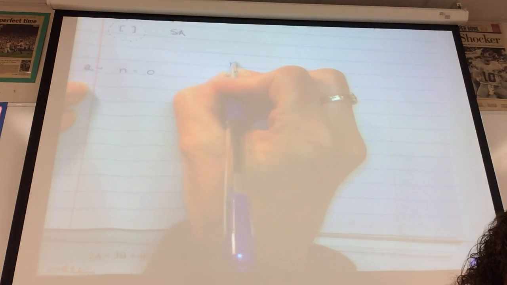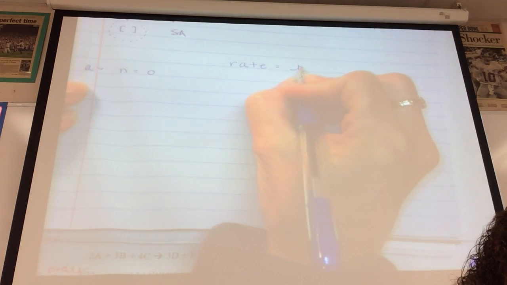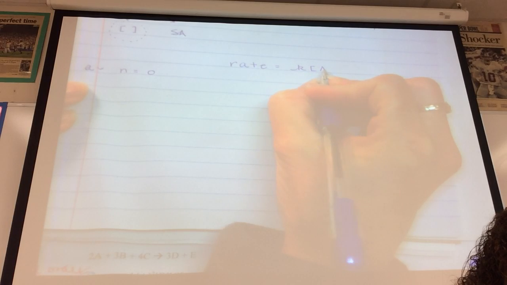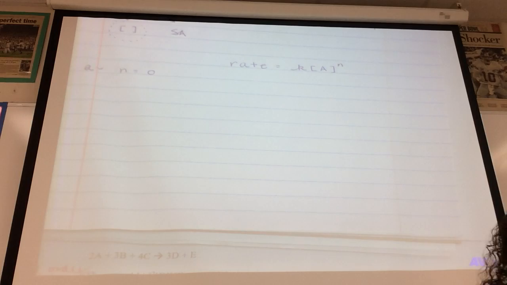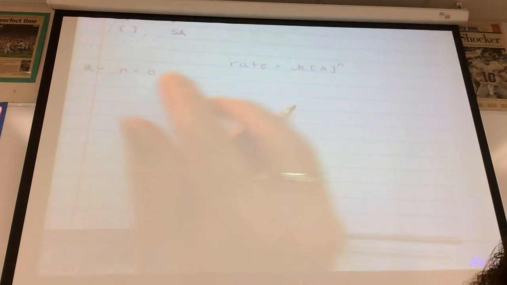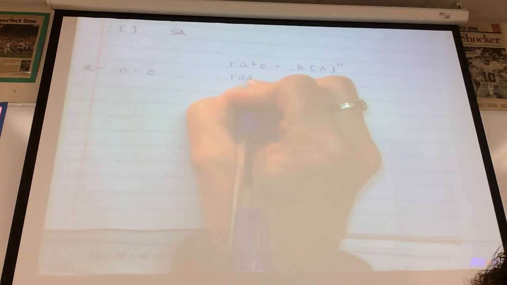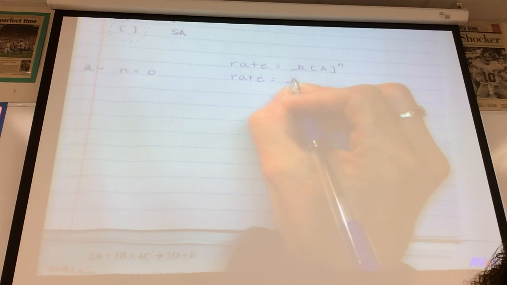We said that a rate law looks something like this, where A is my reactant raised to some power n. If n is 0, then my rate law is a lowercase k, that's why I did a little lowercase script k.